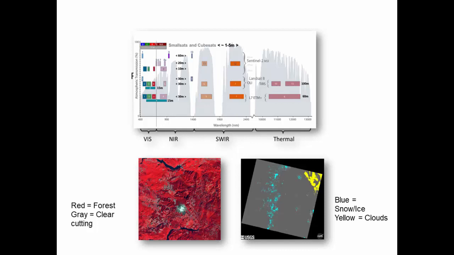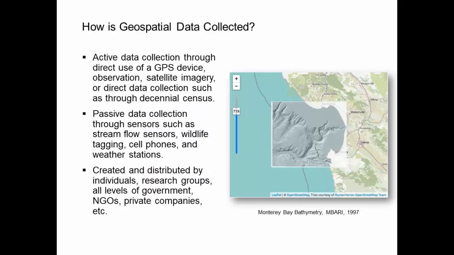Data such as these allow researchers to study things like deforestation and crop yields, or the rapidity of ice melt in the spring. So how do we collect these data? They're collected in numerous ways through things like GPS devices or satellites, or through passive sensor surveys.